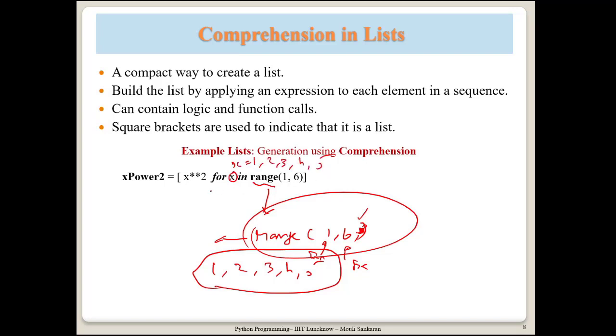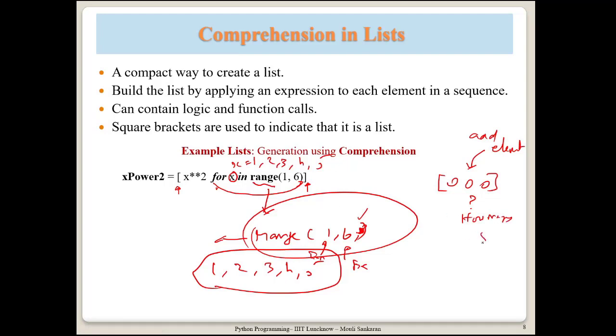Now this for loop itself is within the square brackets. That means you are creating a list first and then going to add elements to it. What elements are you going to add, and how many? How many is decided by this range function.